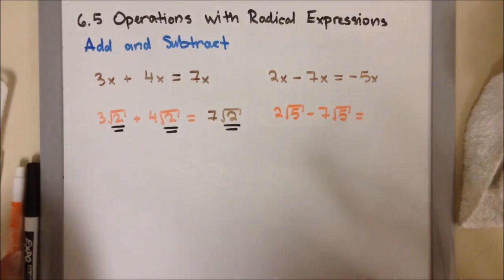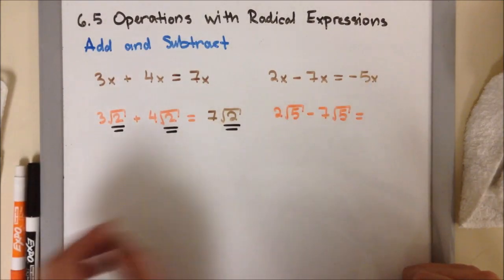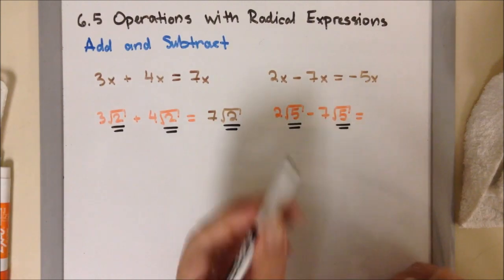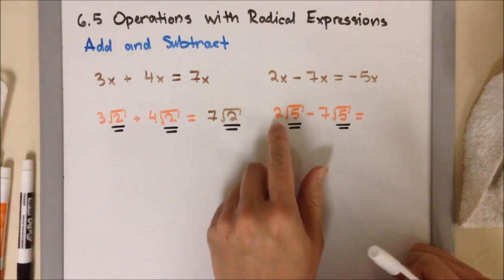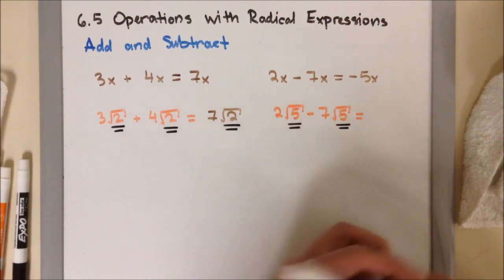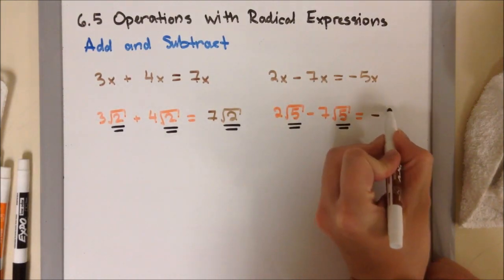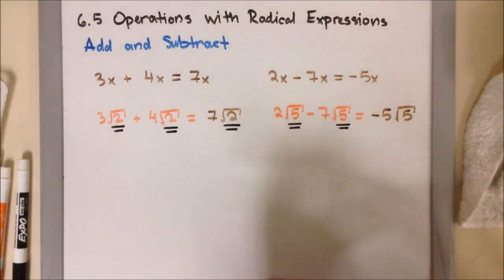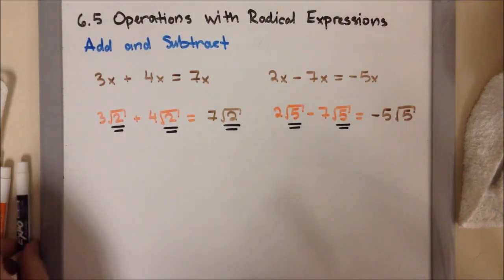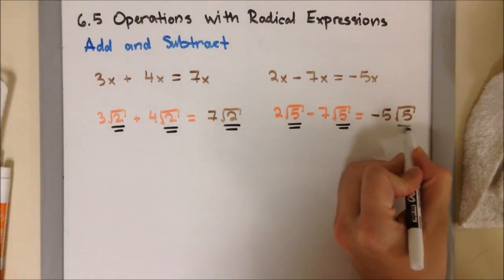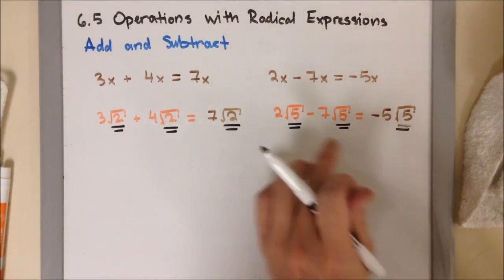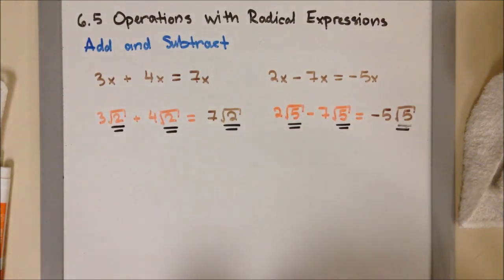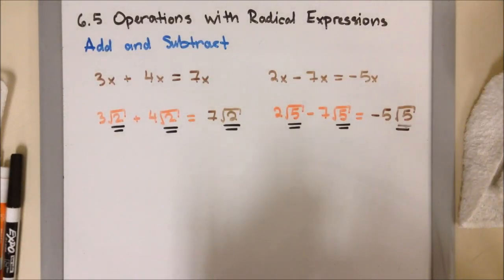And again, if we think of the radicals like the variables, then we can combine the 2 minus 7, which would be negative 5 square root of 5. And that would be our answer. So again, notice how in this example, the square root of 5 stays the same. So it's just like adding and subtracting with variables.